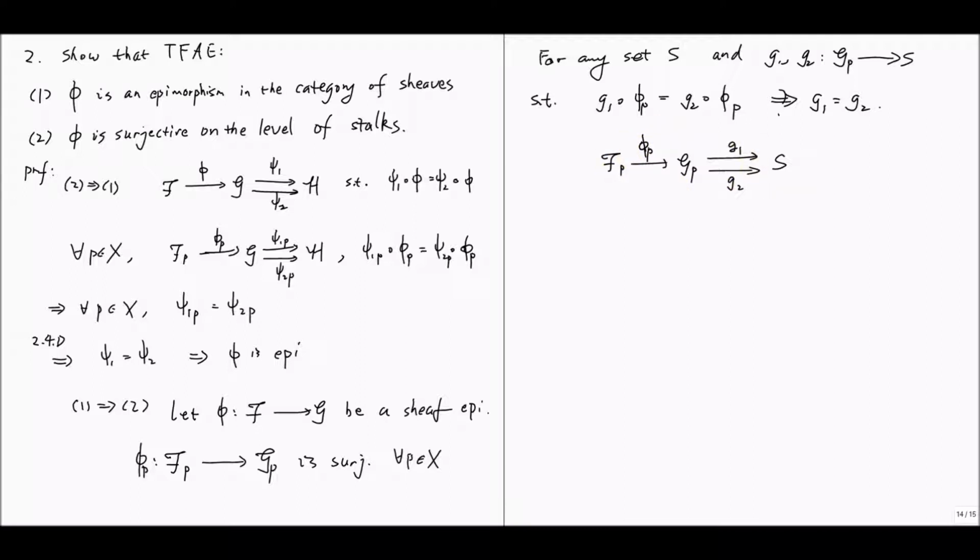we want to lift this to the level of sheaves. The set S will be lifted to the skyscraper of S supported at P. Because if you take the stalk of this skyscraper sheaf at P, you get the set S. We hope we can find two corresponding maps of G1 and G2 respectively.